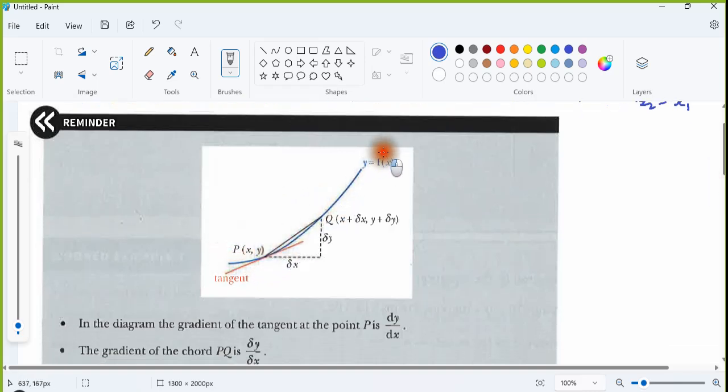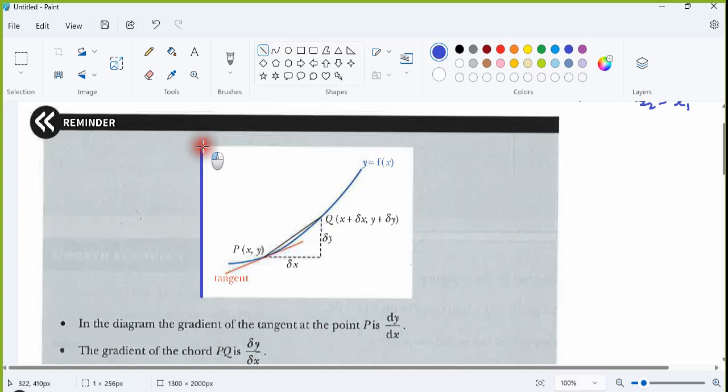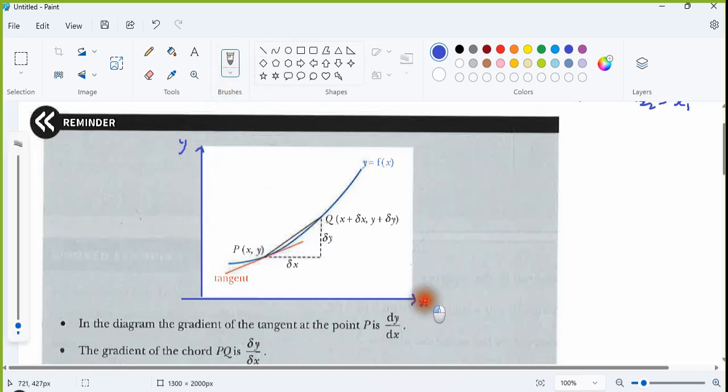Over here, we have a curve. We have the points P and Q here. P is (x, y). Q is (x plus del x, y plus del y). If we have the x-axis and y-axis here, then this is y, this is x, and over here is x plus del x.